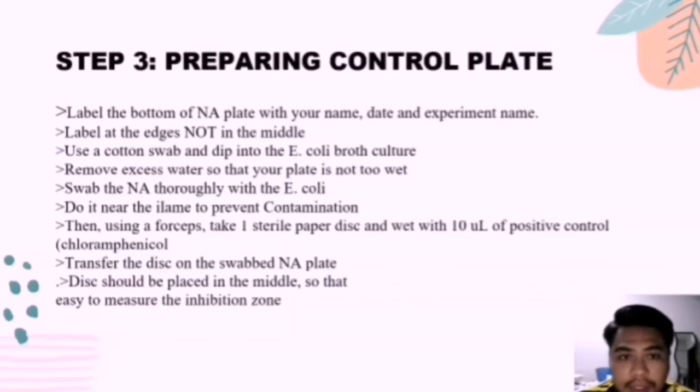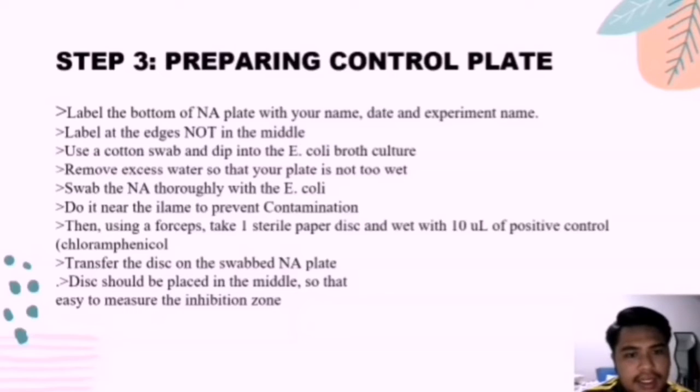Step 3, preparing control plate. First, label the bottom of an agar plate with your name, date, and experiment name. Label at the edge, not in the middle. After that, use a cotton swab and dip into the E. coli broth culture. Then remove excess liquid so that your plate is not wet. After that, swab the agar thoroughly with the E. coli.